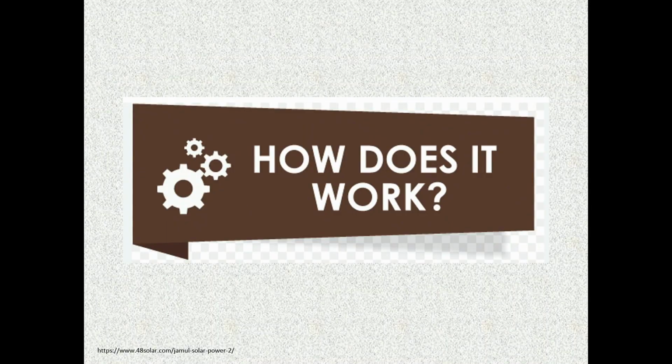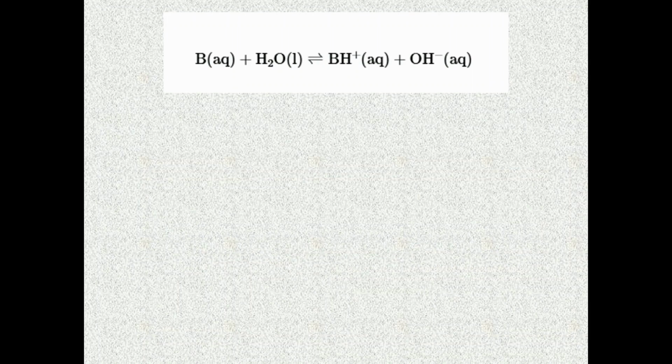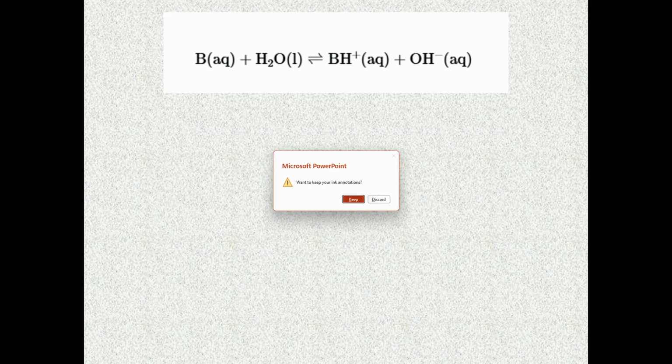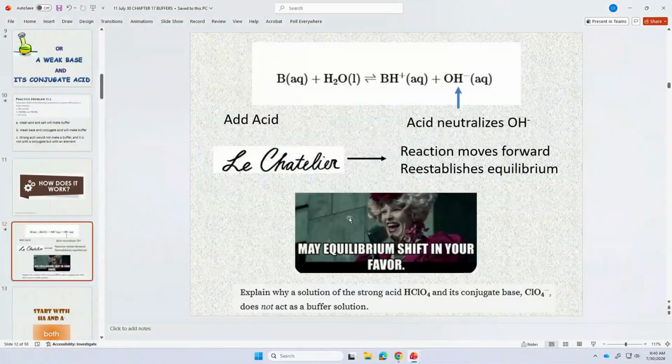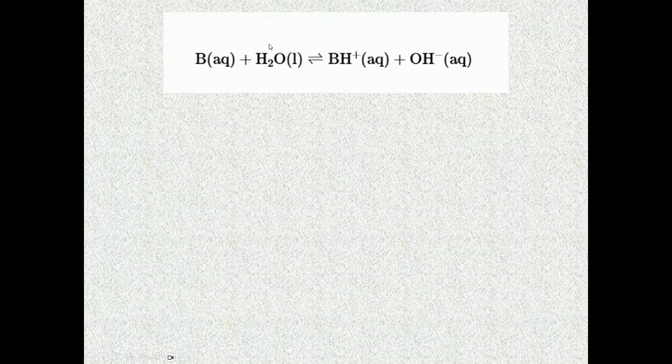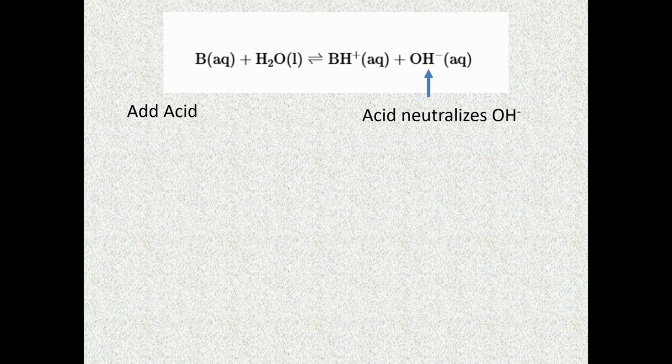So how does all of this work? Okay, suppose I have that ammonia and the ammonium ion. If I add acid to it, that acid is going to neutralize that OH minus. As it neutralizes that OH minus, it removes it from solution.